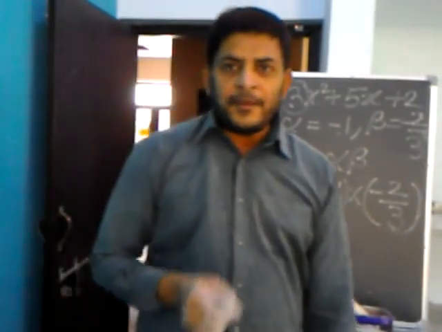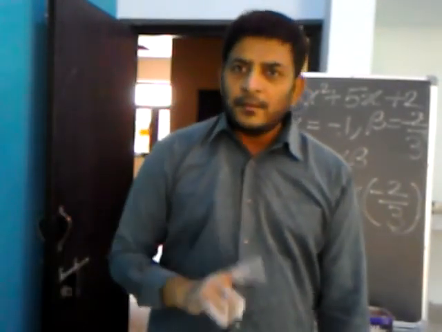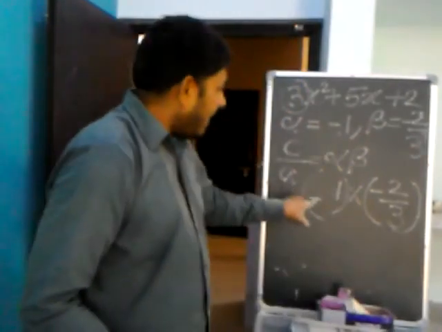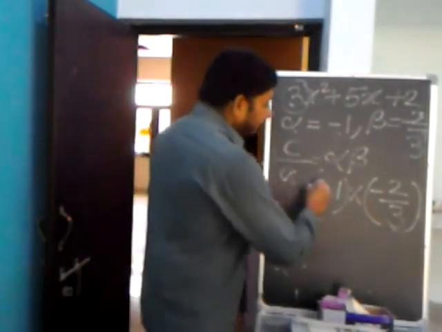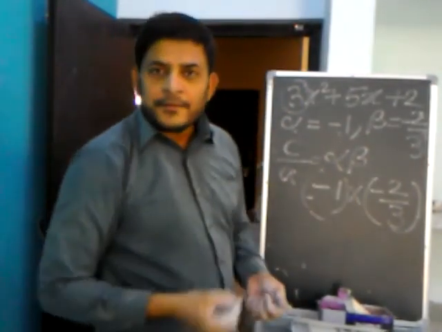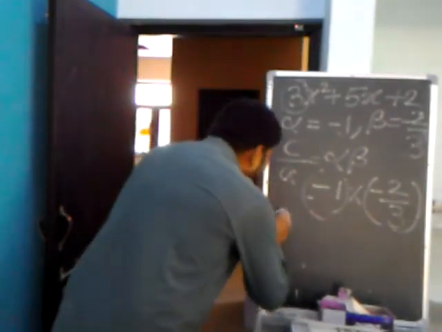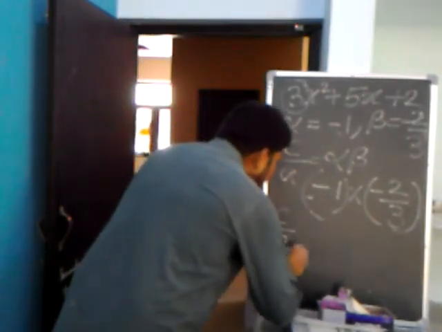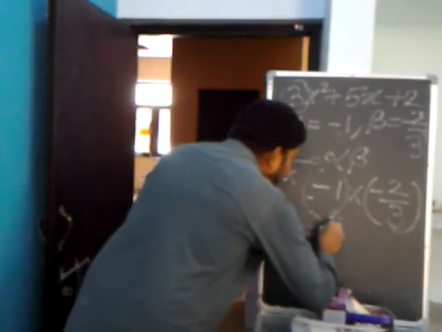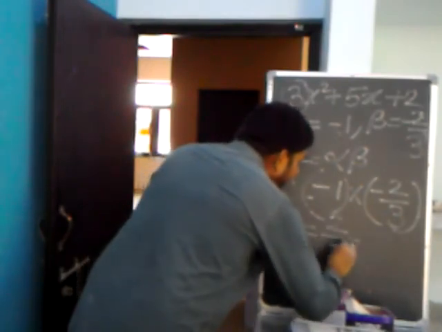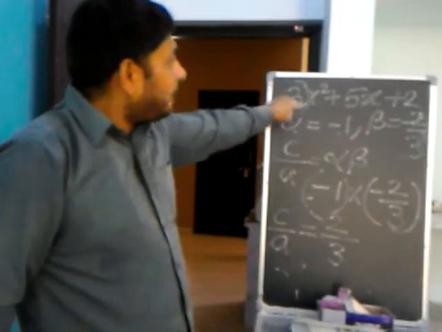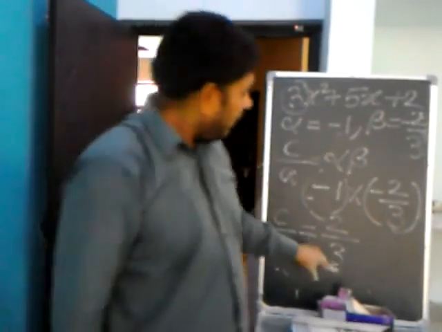If any number is multiplied by 1, it remains the same. But -1 is negative and -2/3 is negative, so the product is positive. So c upon a is equal to 2/3.